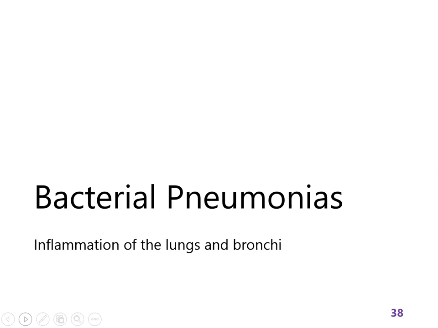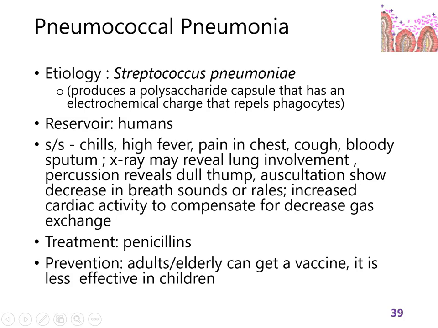So, what we call pneumococcal pneumonia is caused by Streptococcus pneumoniae, or group B strep. And again, this is the bacterium that can cause meningitis and lots of other diseases.